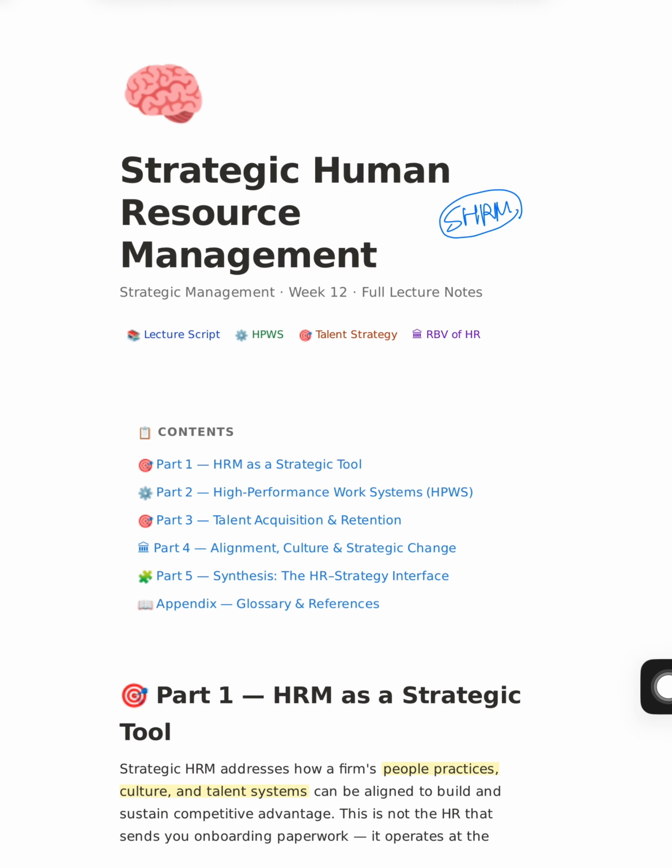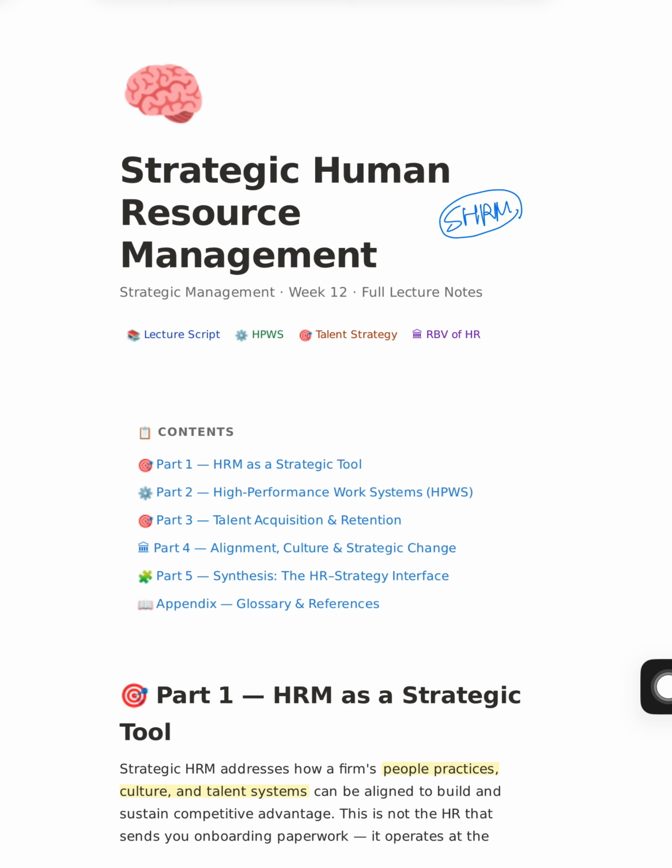The second part is the high performance work systems, which is HPWS, and the firm performance. The third one is talent acquisition, recruiting and retention as competitive advantage, and strategic HRM in practice, alignment, culture, and change as well. The last part is the synthesis and the HR strategy interface as well.